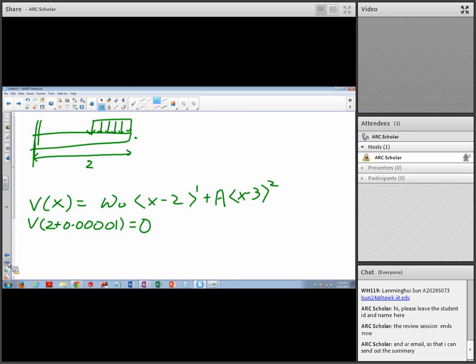And you need to bring this into 2 minus 0 to the power of 1. Here 2 is smaller than 3, so you bring the 2 in here. Do you guys know this rule?